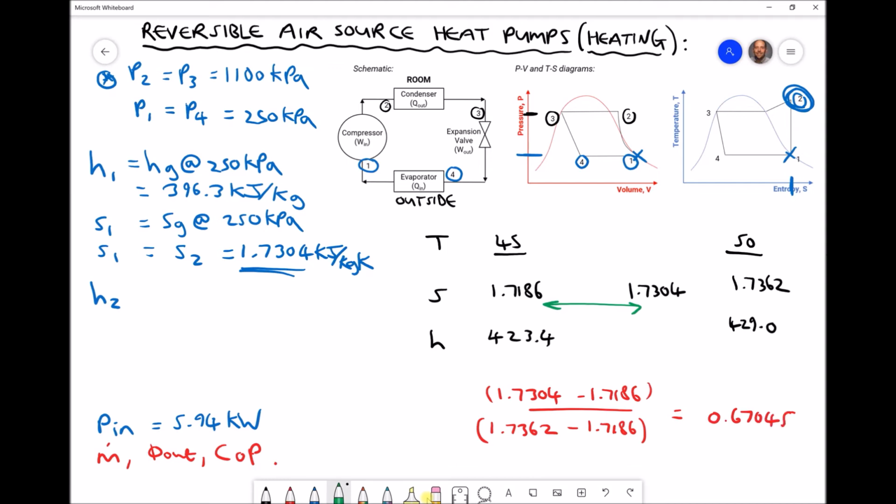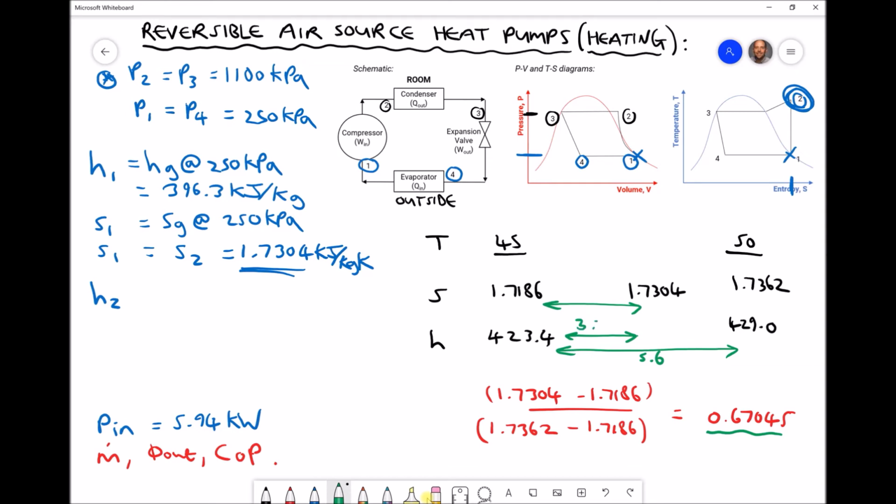The full distance here between our two enthalpy values is 429 minus 423.4, which is 5.6. Therefore, our shorter distance here is 5.6 times our fraction. 5.6 times 0.67045 gives us 3.75 to 2 decimal places.